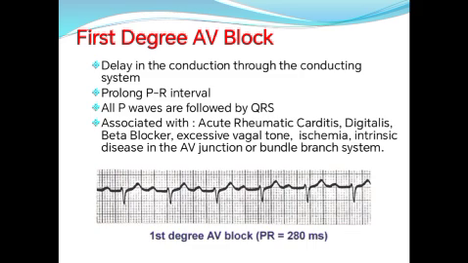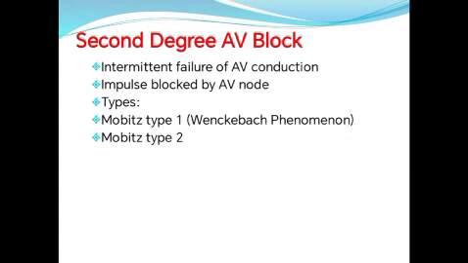This is an example. You see we have a prolonged PR interval, about 0.228 second, more than one big square. One big square is equal to 200 milliseconds, or 0.2 second, as we said before.